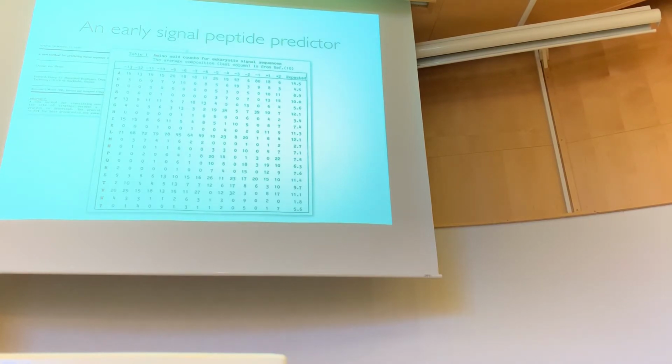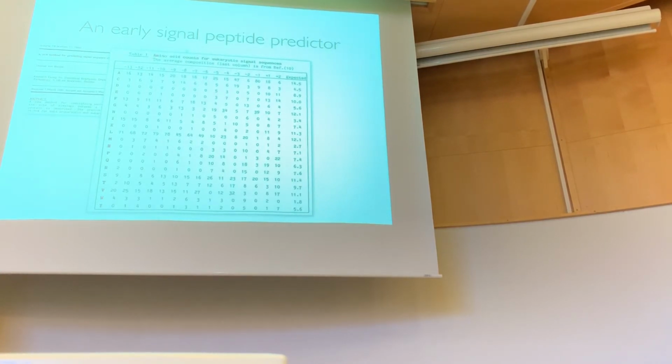It was based on what's called the weight matrix. This was based on a somewhat bigger data set, maybe about 80 or 100 sequences. Basically they were all aligned from their cleavage sites, and then it was just counted how many amino acids, how many alanines, for instance, were found in each position relative to the cleavage site, and how many cysteines and aspartates and so on.